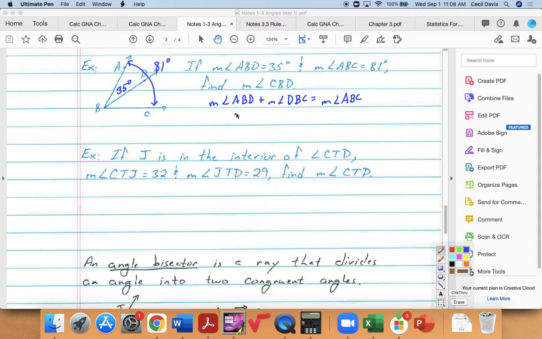Well, I know that ABD is 35. And ABC is 81. So I've just got to subtract 35 from both sides of that. And that's going to be 46.